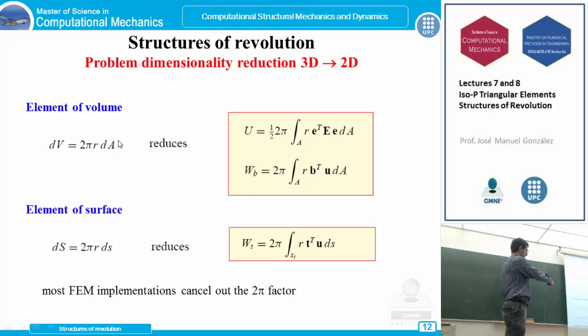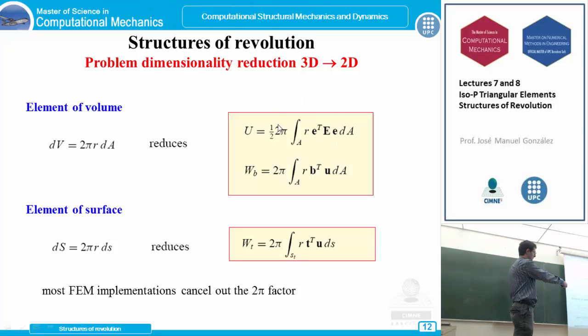This differential of area is inside the cross section, and this radius is calculated for every point. So our internal energy now is calculated like 1/2 of this integral, which involves this differential of volume. This 2π goes outside, and we find this radius here for any point of the triangle, any point of the cross section area, which generates the axisymmetric problem.